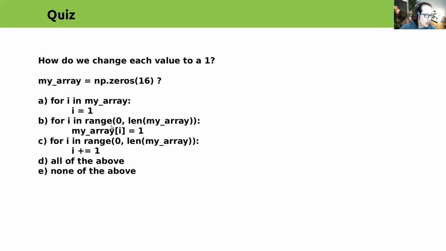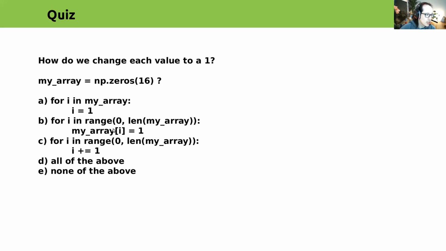For I in range 0 to length of my array, item I equals 1. So this is the correct one. Here we're looping through a range 0, 1, 2, 3 up to 16, and we're going into my array at the respective position, so position 0 or position 1 or position 2 and so on.